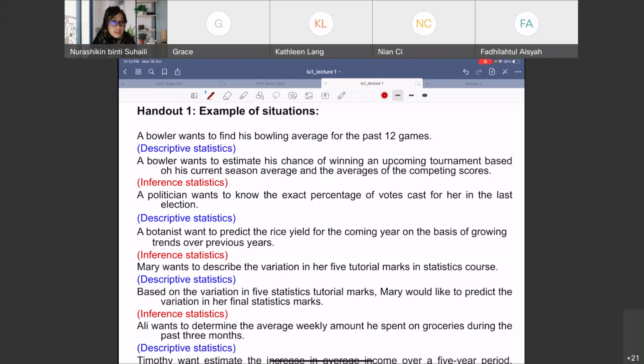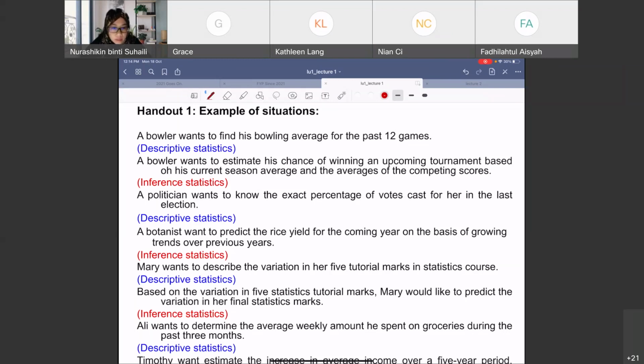So in politics also we need this kind of inferential statistics. Now something related to science: a botanist wants to predict the rice yield for the coming year on the basis of growing trends over previous years. In science also we need inferential statistics because we want to know the trend of the growth of plants or bacteria.